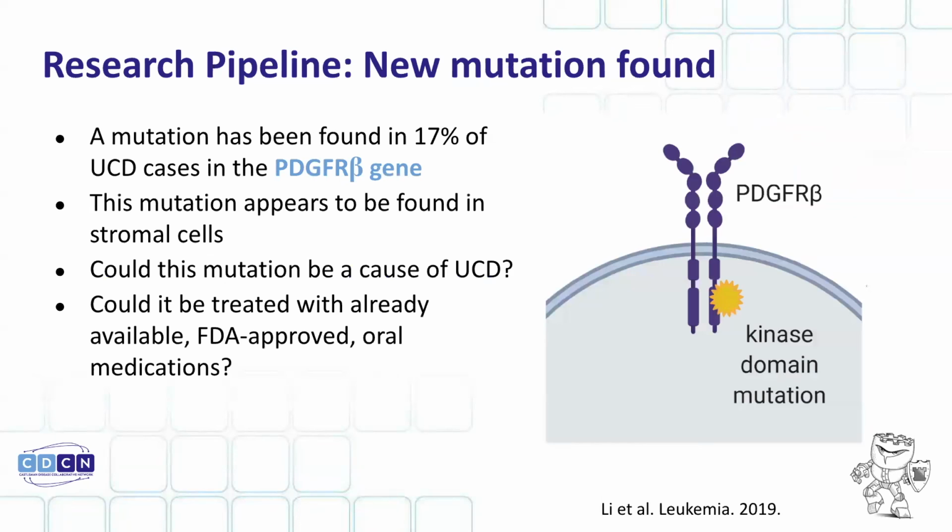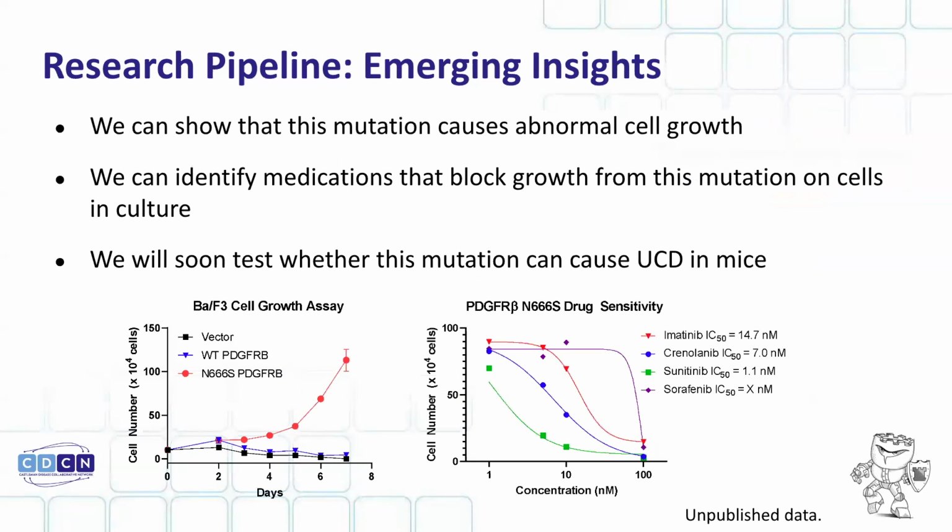As I said, there are patients who have this gene, PDGFR beta. Sorry, about 17% have these mutations in one study that was done. And this is treatable. There are FDA-approved medications that can work against this particular gene. I've tried them in a culture, and you can see some of them really do a good job of controlling cell growth from this mutation.